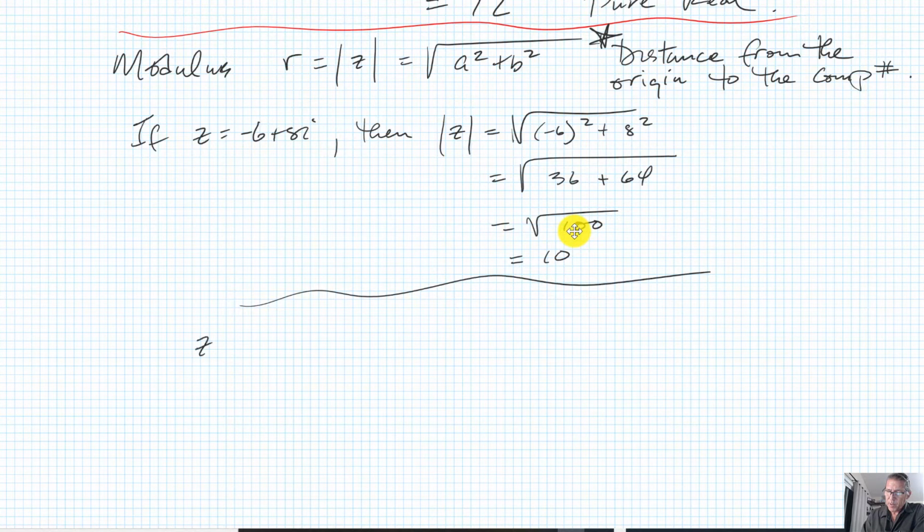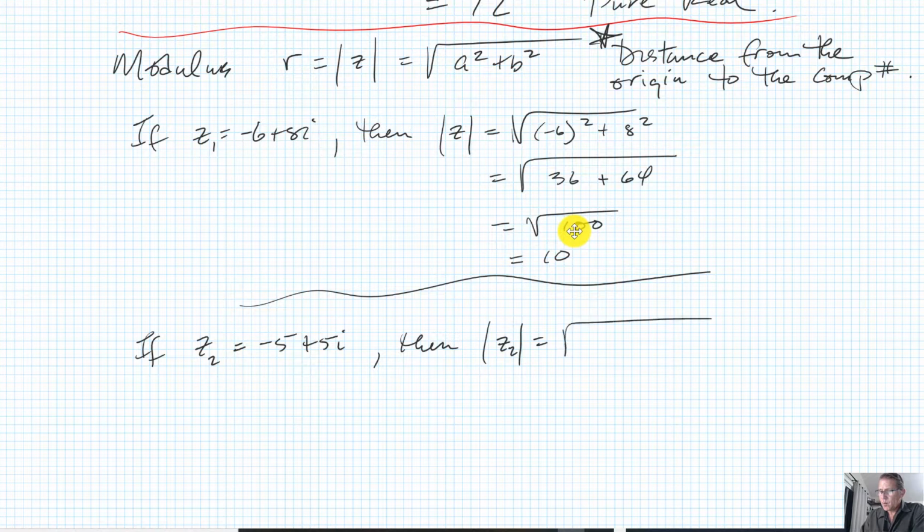Sometimes it's a root. So let me make up another one. Let's call this one z1 and this one z2. So if z2 is equal to negative 5 plus 5i. Okay, this one's not rational like the previous one. Then what is the modulus? So the absolute value of z2 is equal to the square root of negative 5 squared plus 5 squared. And what is that? Well, let's simplify it.